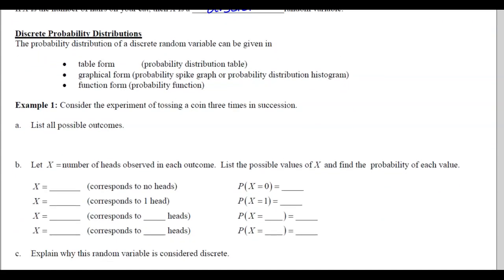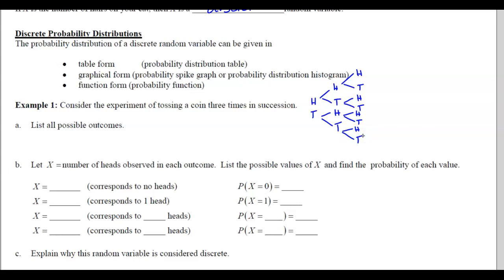Here's an example. Consider the experiment of tossing a coin 3 times. Like we talked about before, list all the possible outcomes. If you want to do a tree diagram, you can. You would have heads or tails to start. From there, heads or tails. And then from each of those, heads or tails. We did that the other day, right?